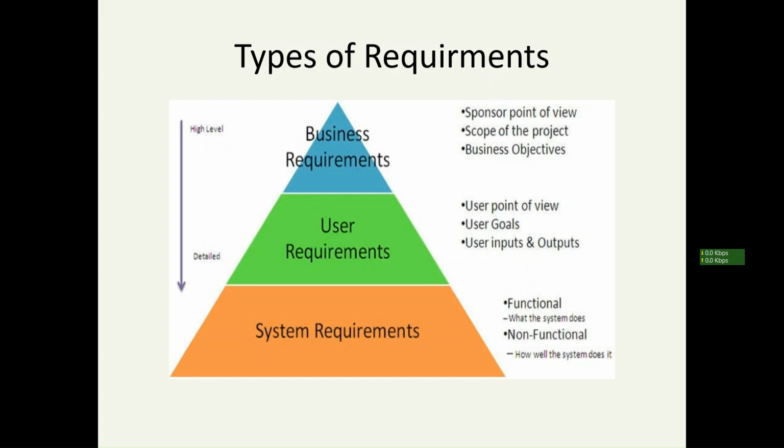Like that, it can be split into multiple documents, FRS, URS, and so on. Initially the customer gives one document, the CRS, and from that come multiple documents. Most MNC companies will have multiple documents, and if you go to a small company, they'll have only an SRS document. So all these are the different types of requirements.